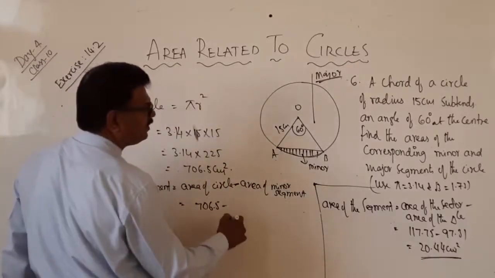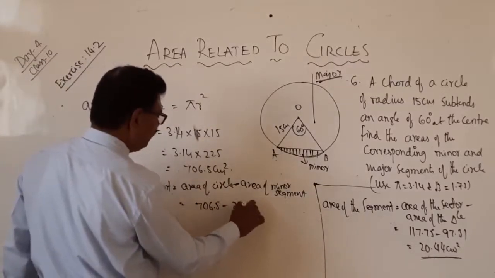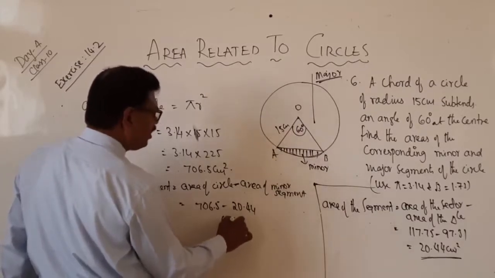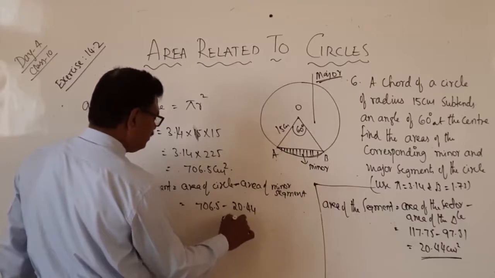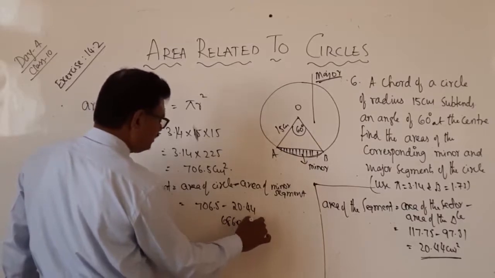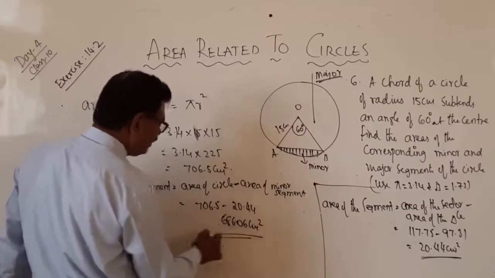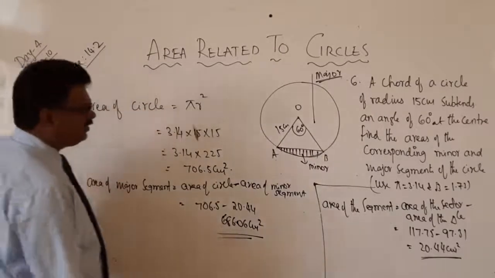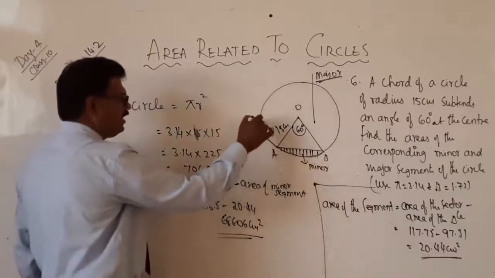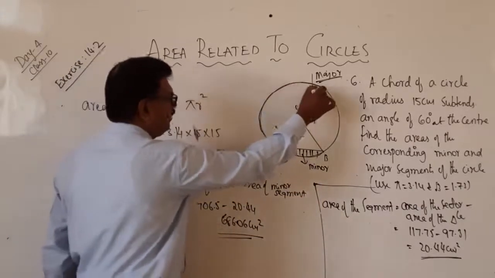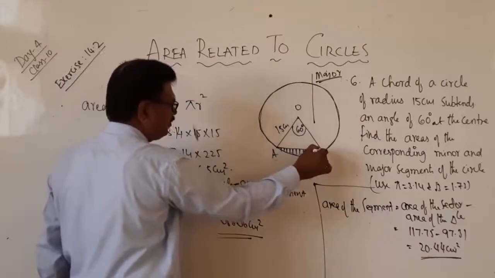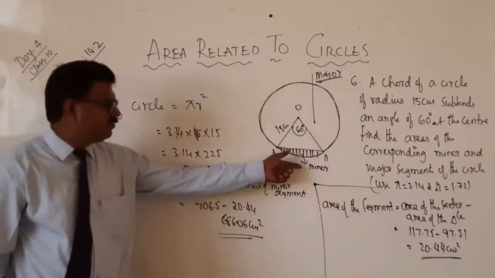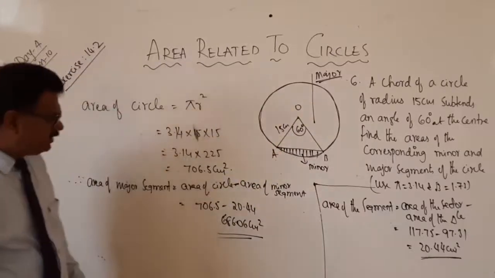How much did we get? 20.44. Therefore, how much will it become? 686.06 centimeter square. Okay? This is the area of the major segment. So very simple problem, right? This is the minor segment and the remaining will be the major segment. Please take down.